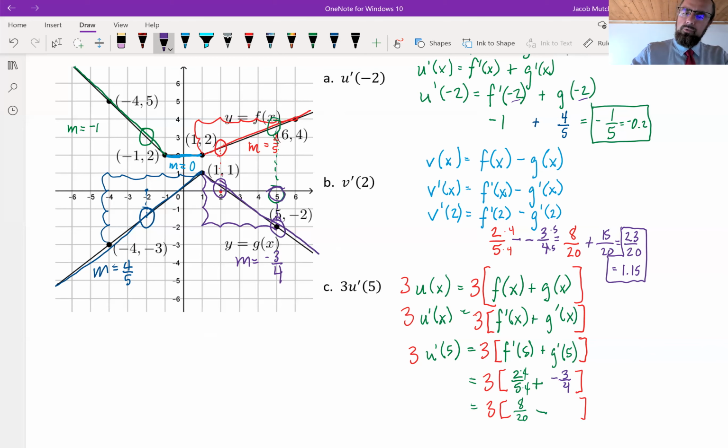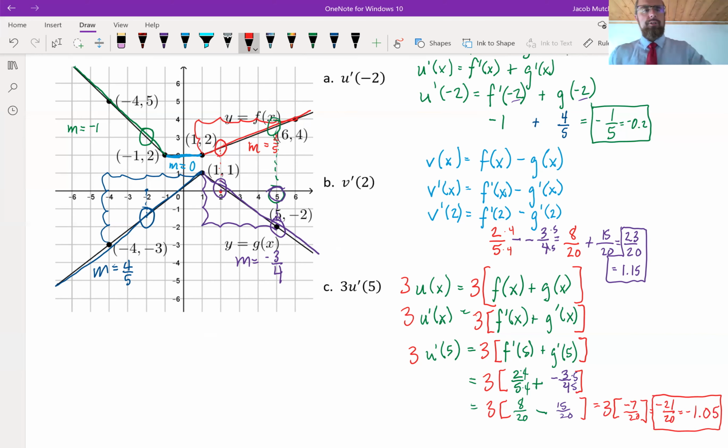So that's 15/20. And now I need to subtract. 8 minus 15 is going to give me a numerator of -7, so -7/20. Then multiplying that through by the 3 will multiply times the numerator -7. That's -21/20, which is -1.05. And that we can box.